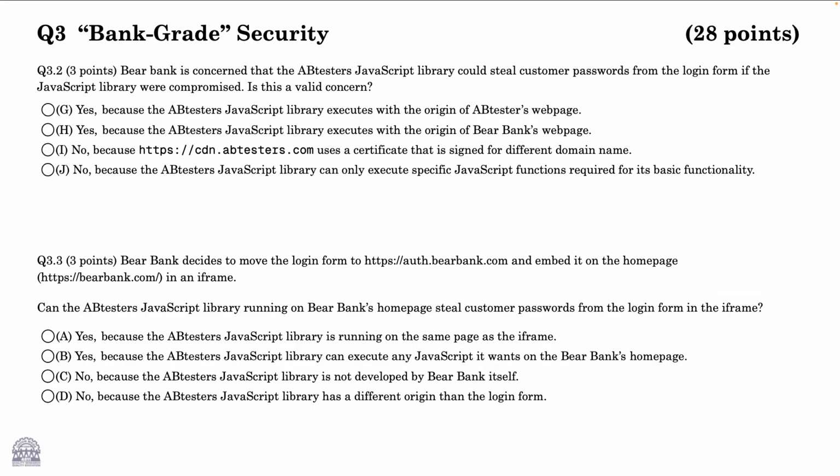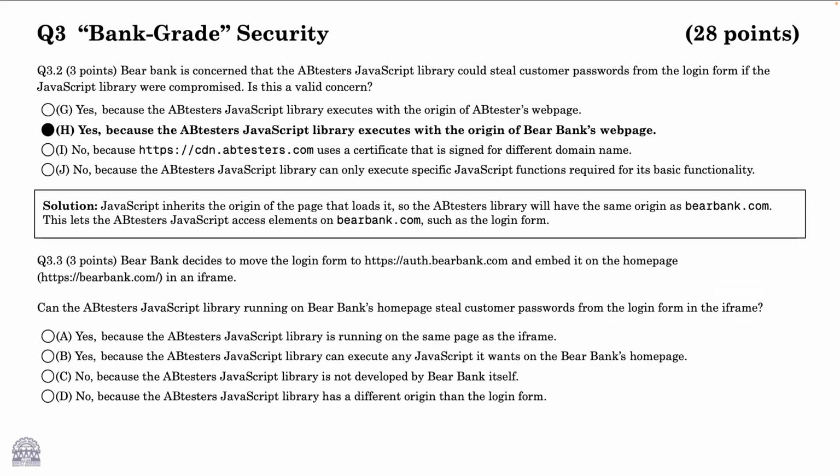Is this a valid concern? Yes, because if you remember the exceptions to same origin policy, even though the source code of the JavaScript is from this third party, because it's being loaded on the Bear Bank's webpage, it will have the same origin as the Bear Bank webpage.